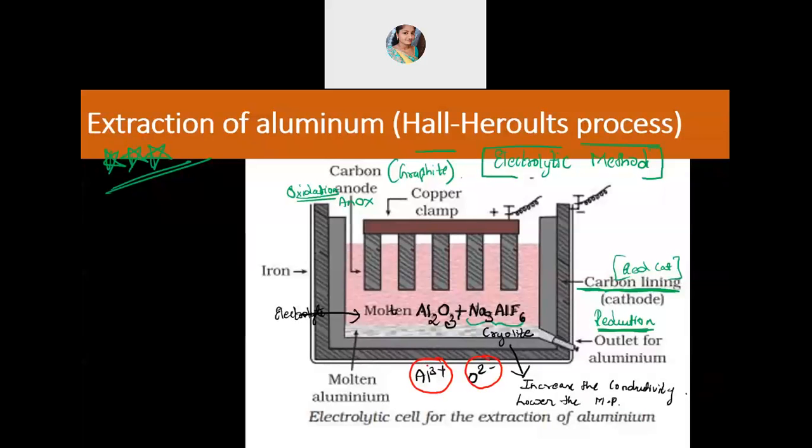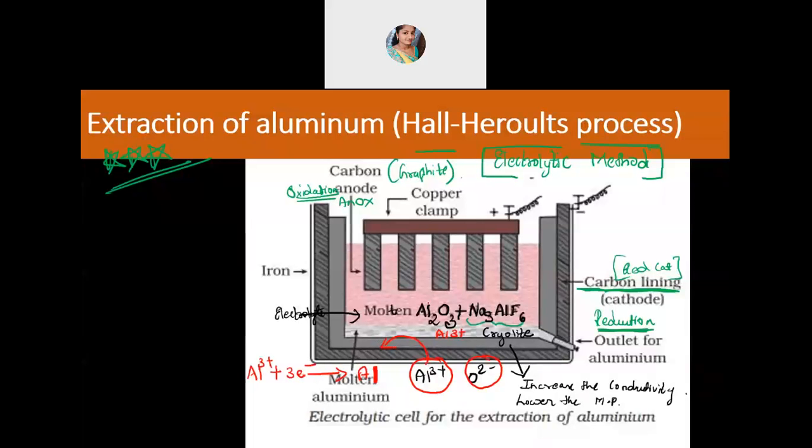So cations should move towards the cathode. That's how you are supposed to remember. So these cations will be moving towards the cathode. Cathode is where reduction is happening. So this Al3+ will take 3 electrons from the cathode, undergo reduction and form aluminium. Here itself I'm explaining that. Later I'll write that equation separately.